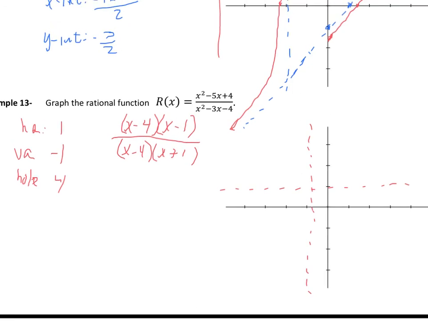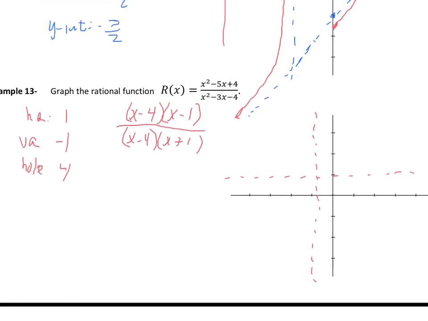X-intercepts. Oh, we were doing so good. Okay, so where are we at here? X-intercepts. Correct? Okay, so where are the x-intercepts? Okay, look at your numerator, right?